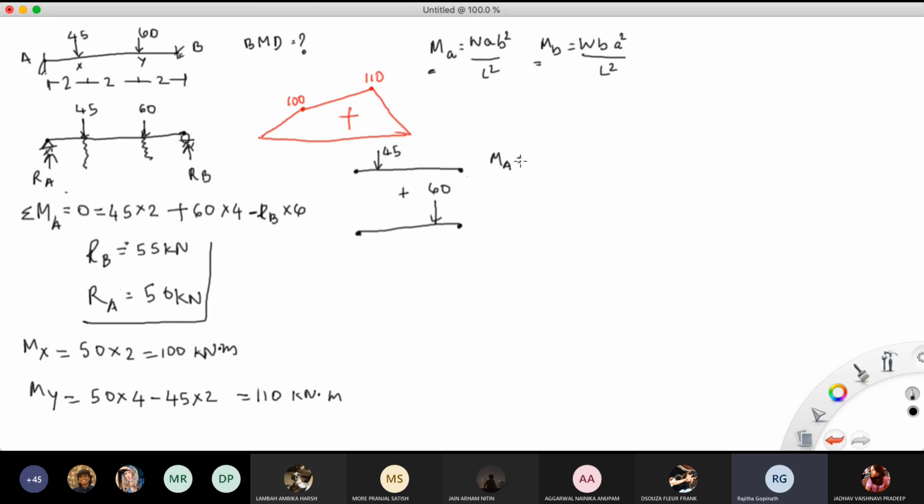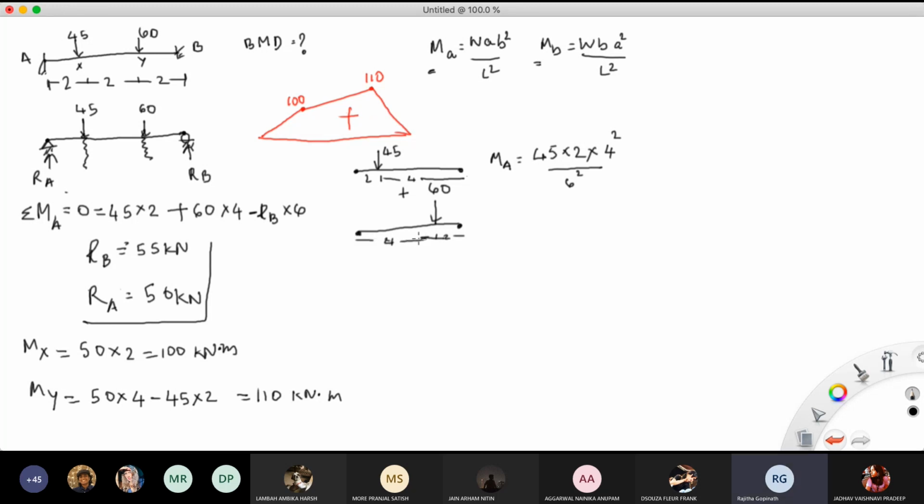for this case is equal to 45 into a, sorry, a is 2. So 2 into b square, which is 4 squared, divided by 6 square. Did you understand this? This is 2 and this is 4, and this is 2 and this is 4.